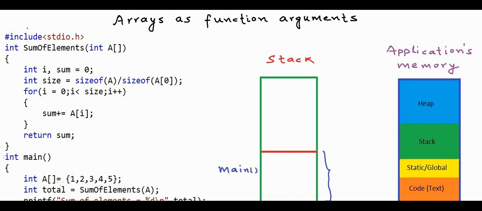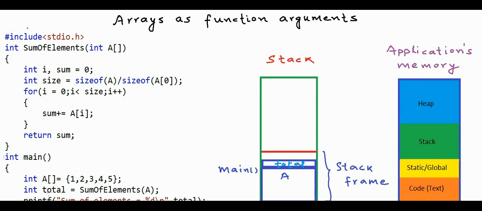One is the array A and another local variable is integer total. So exactly 20 bytes, if an integer is 4 bytes, would be allocated from this stack frame for the local variable A, the array A, and 4 bytes for the variable total. And there would be some more information in the stack frame.